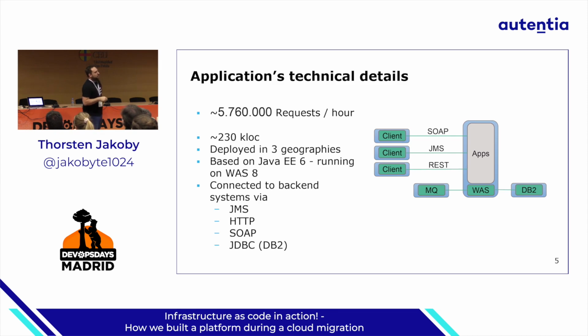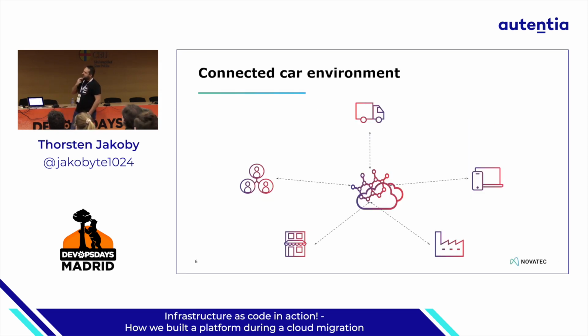What I'd like to ask you at this slide is, did anybody see this stack before? WebSphere and DB2 and JMS with MQ. Anybody worked with that? Hands up. One. Well, then you know the pain here. This landscape is communicating with a lot of systems.